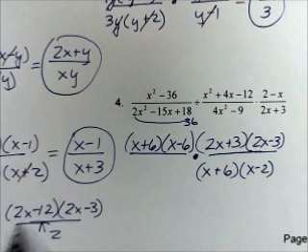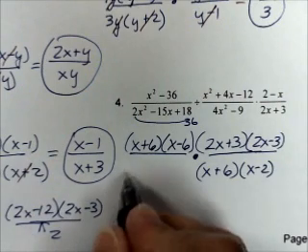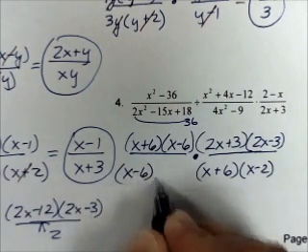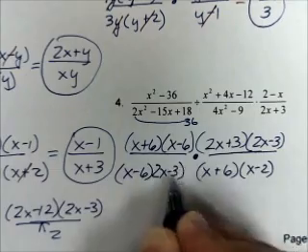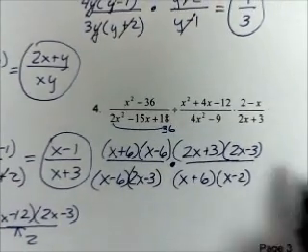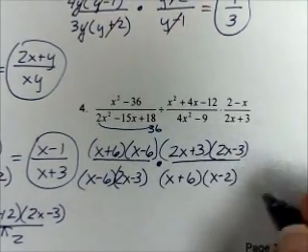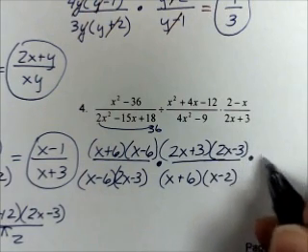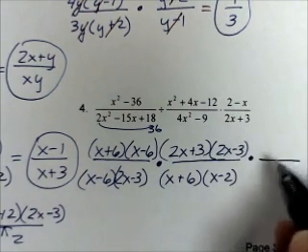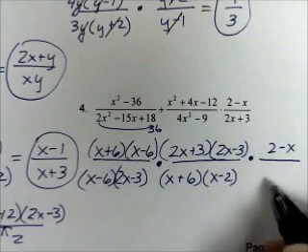Dividing 2x minus 12 by 2, we get x minus 6. So we have x minus 6 times 2x minus 3 for our factors. And then our last fraction, the operation in front of that was multiplication, and we cannot factor the numerator nor the denominator.